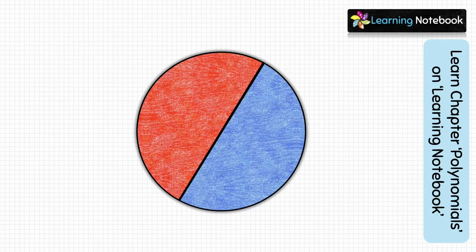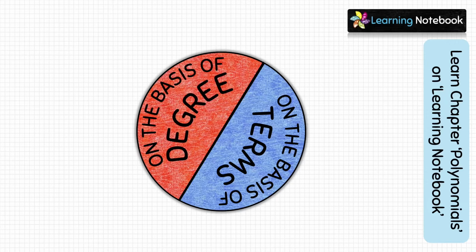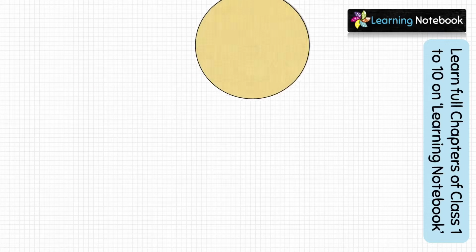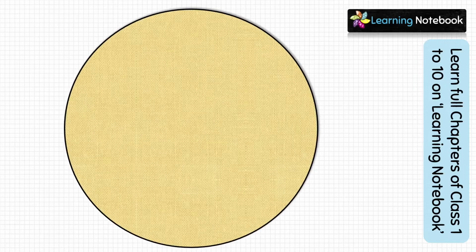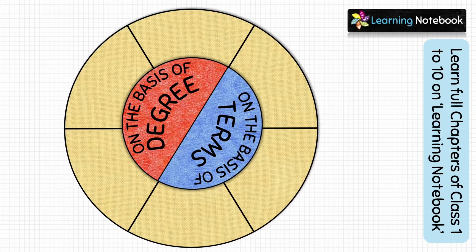Then we will write the headings as on the basis of terms, on the basis of degree. Now students, take the yellow circle and divide it into 6 equal parts as shown here. Then place the red-blue circle on this yellow circle.